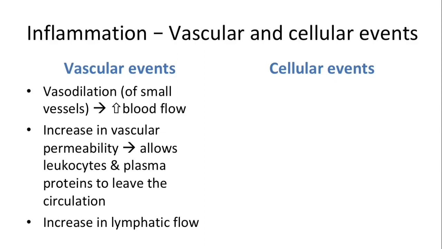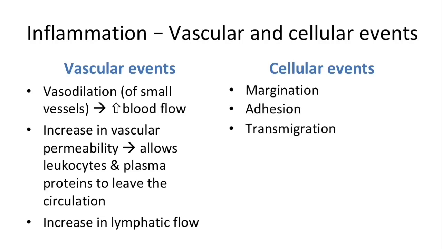The cellular events refer to events which involve the cells of inflammation. So these typically are the leukocytes. Okay, so what happens is that there will be margination of the cells towards the endothelial surface of the vessels. There will be adhesion of these cells to the endothelial surface.